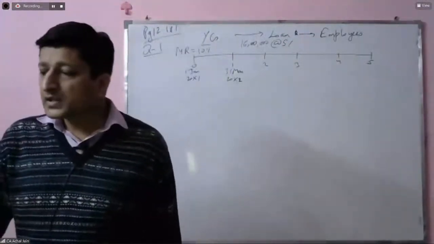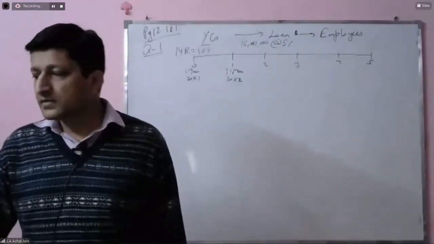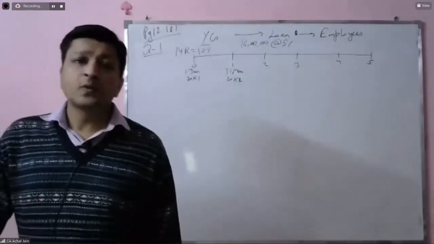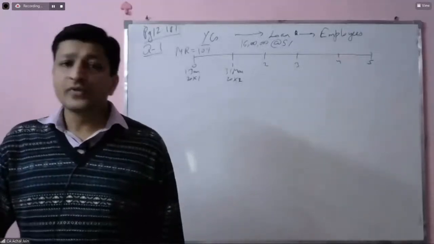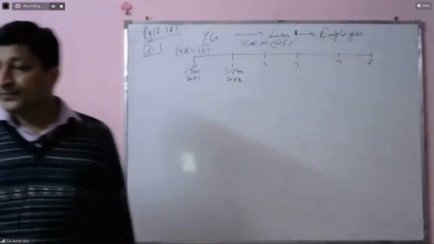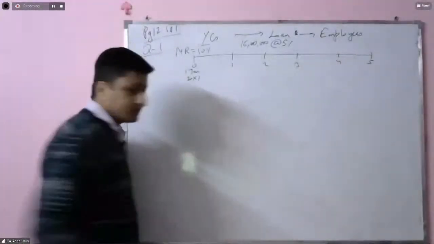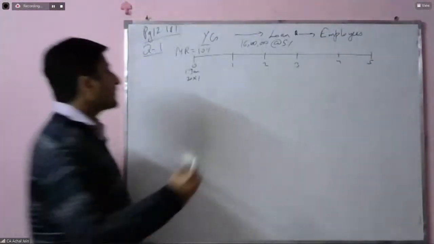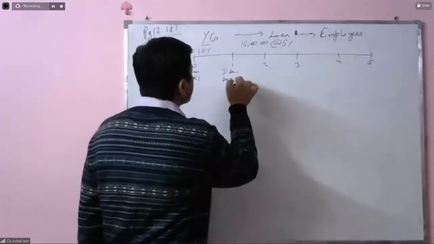Following the principles of recognition and measurement as laid down in Ind AS 109, you are required to record entries for the year ended 31st December 2000 X1. In this case, they are picking up the calendar year.